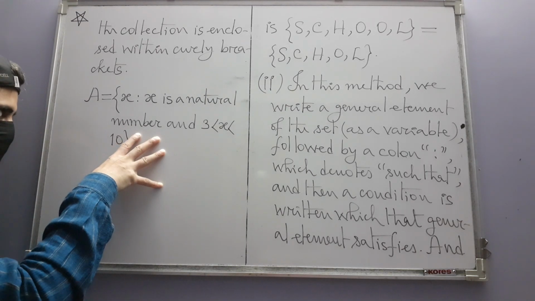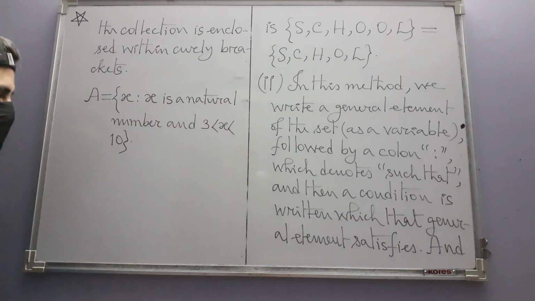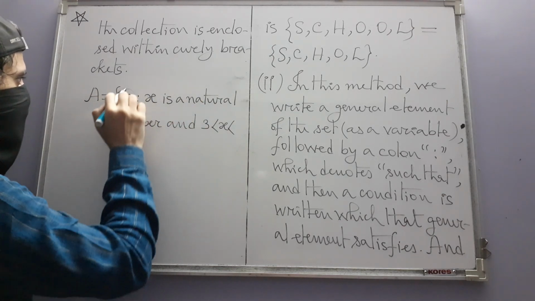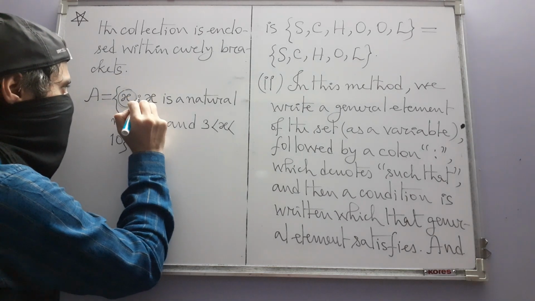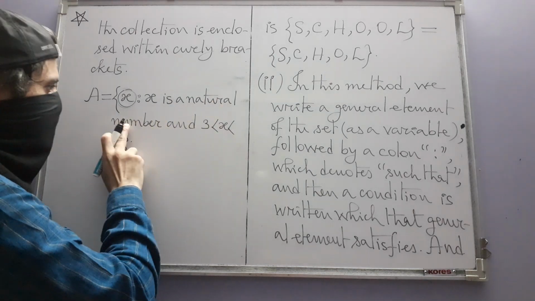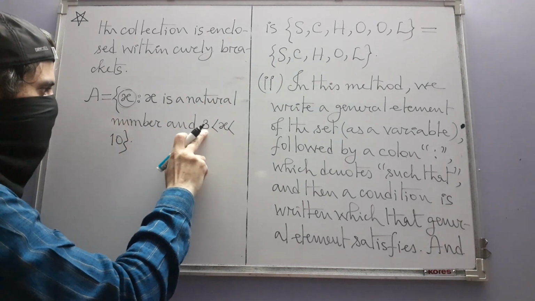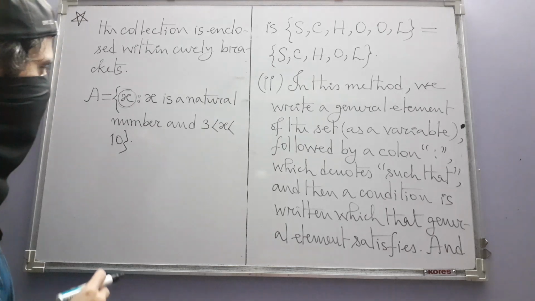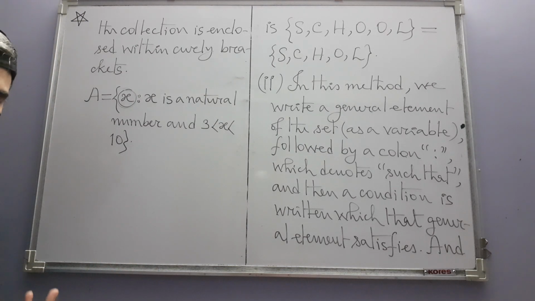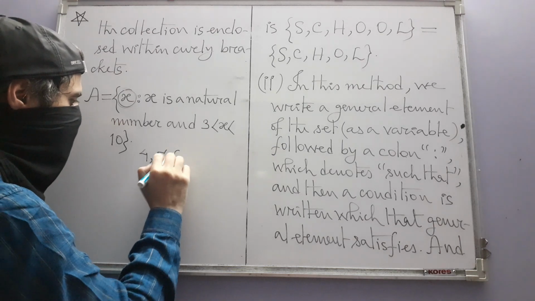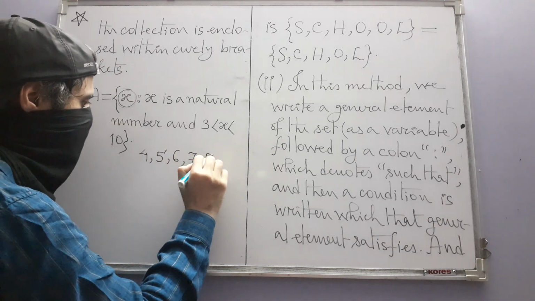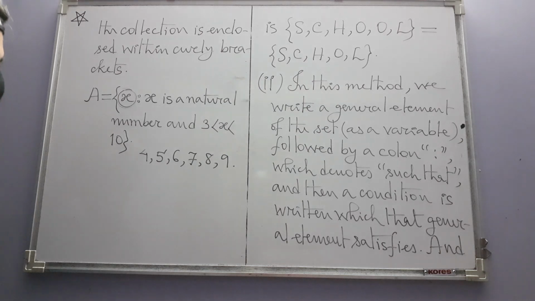For example, this one. So that general element here is x. It's a variable. It denotes an element of the set A such that x is a natural number and x has to satisfy these inequalities. You can understand what the elements of this set are. They are 4, 5, 6, 7, 8 and 9. These are precisely the elements of the set.